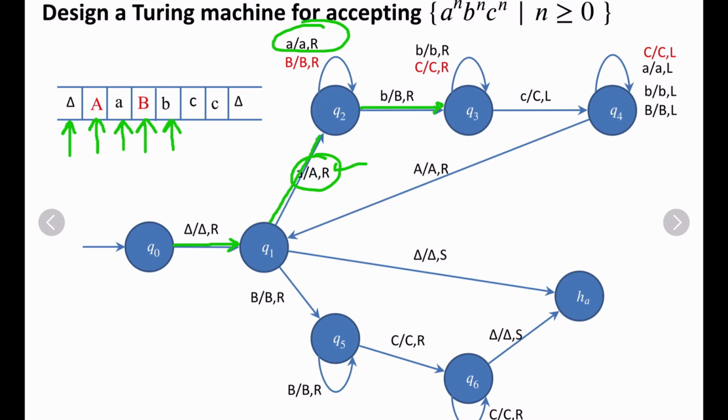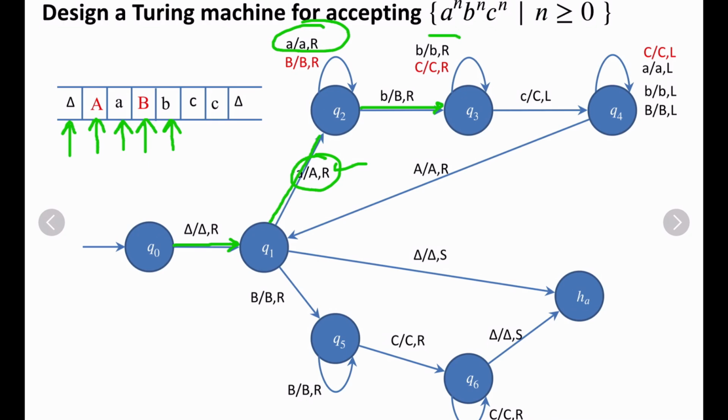Now we are at this place. Again, don't immediately change the second b to a capital. As per our logic, you have to search for the first c in that string. So how do you jump to the next character?